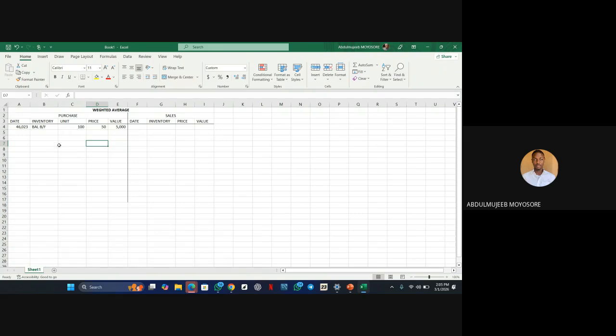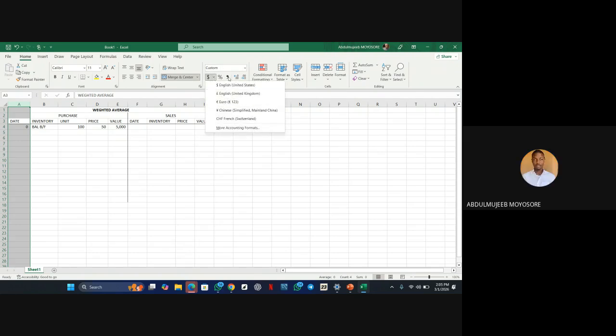Okay. Now, what's the next date on that sheet? So it is 5th April. The purchases. Okay, still purchase here. It's three purchases now. So I need to put this as a date.